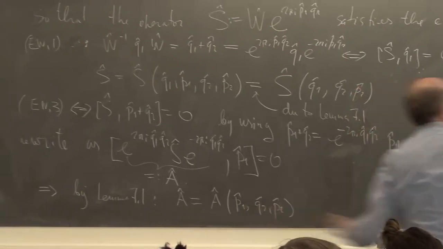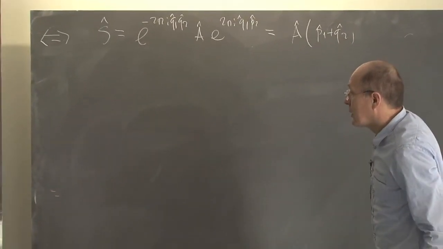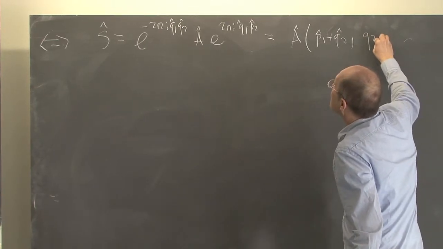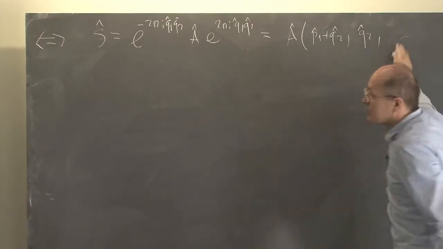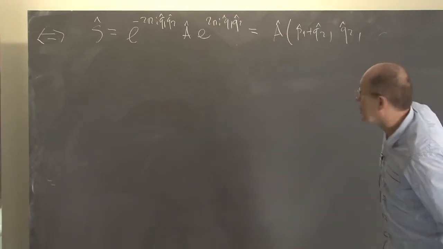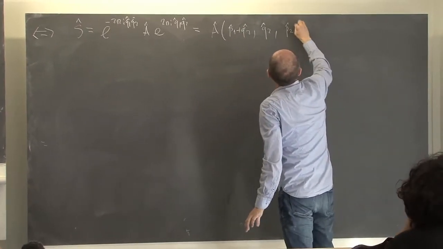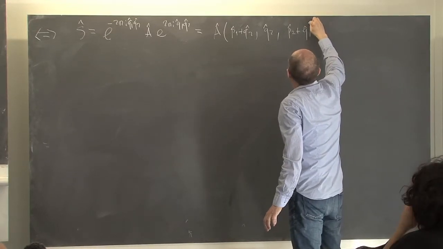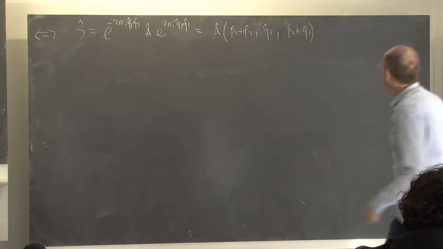We conjugate the first argument by this guy. So it gives P1 plus Q2. Next, Q2 doesn't change. This is Q2. Q2 doesn't change, and P2, what happens to P2? It behaves like this. So P2, we add to it a Q1.